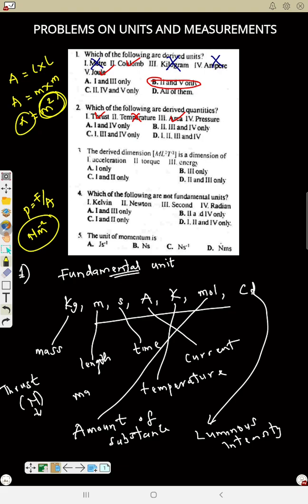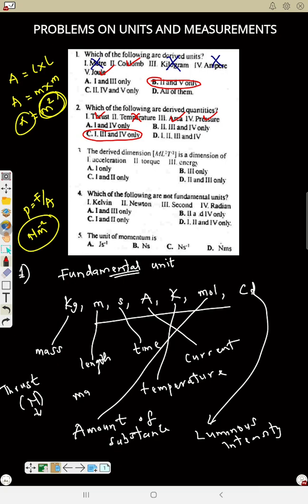So it is not fundamental, it is derived. That means pressure is derived. Correct. Now the correct answer here is 1, 3 and 4. So the correct answer is C, 1, 3 and 4.